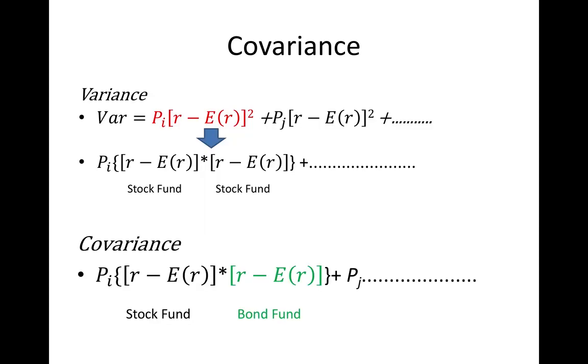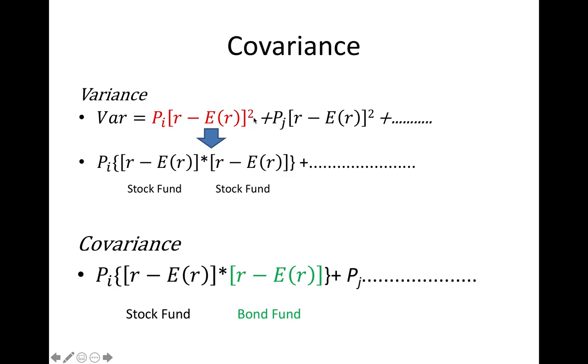Now, let's go on to look at what happens behind the scenes, comparing variance to covariance. Variance is captured as the sum of the probabilities times the variation squared.